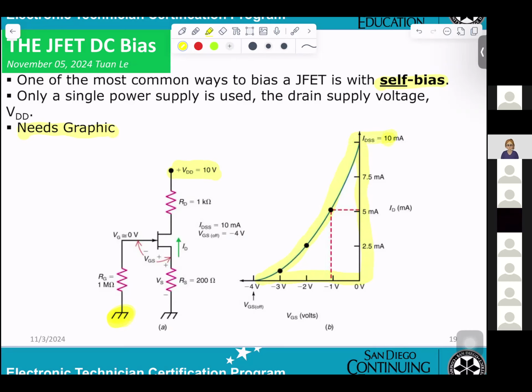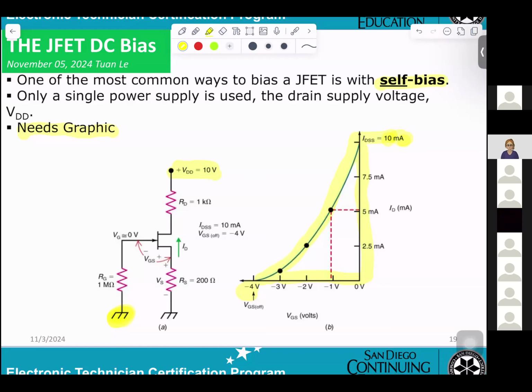Okay, they give you, to solve the problem in this case, VGS equal -4, IDSS equal 10 milliamp. Okay, so for this self-bias, they have no power supply connected to the gate.